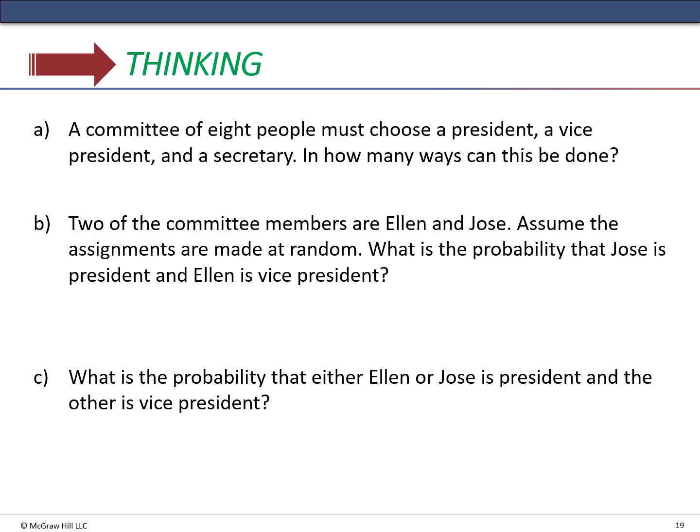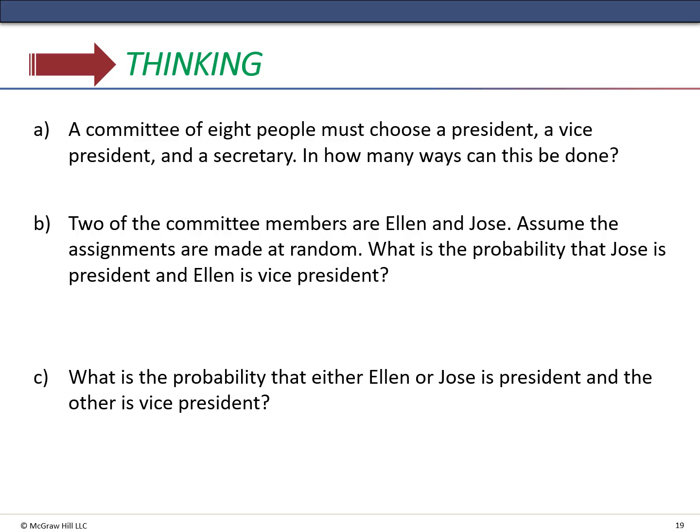A committee of 8 people must choose a president, a vice president, and a secretary. How many ways can this be done? So we know that we're selecting from a group and we need 3 roles. Again, our first question is always, how do we select those 3 roles? Once we select those 3 roles, if we put them in a different order, will there be a different grouping?